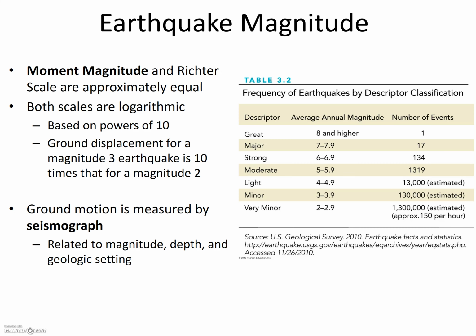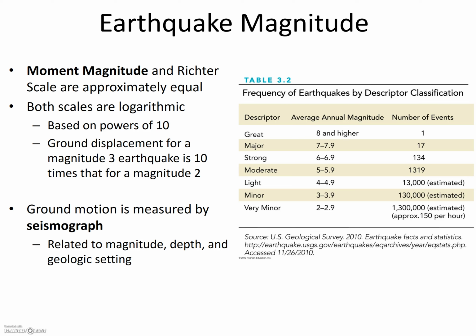Magnitude used to be measured and compared based on the Richter scale, but now moment magnitude is used. Moment magnitude and Richter scale are approximately equal. Both scales are logarithmic, which means based on powers of 10. For example, ground displacement for a magnitude 3 earthquake is 10 times that of a magnitude 2.